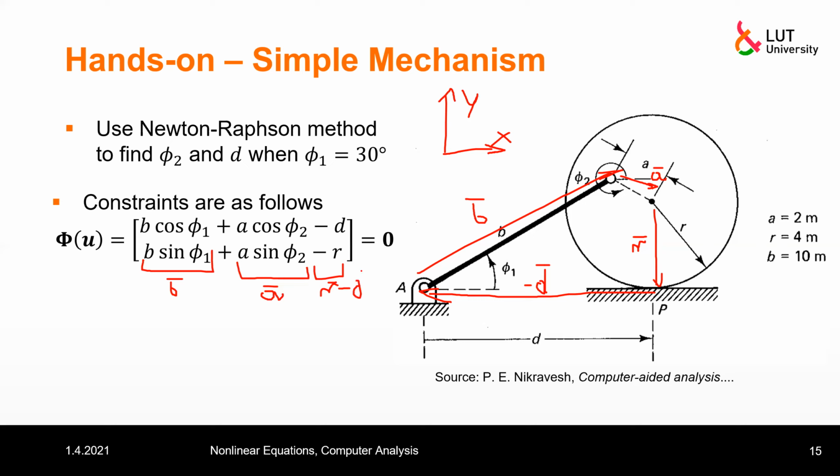Because r has only an r component, this is the r vector and this is the minus d vector. Is it clear? I hope it's clear. So this is the way to define that equation. It's important that this is an algebraic equation, and a so-called constraint equation because it constrains the motion. And because the motion is constrained, we can calculate phi2 and d when phi1 is provided. Any questions about this problem?